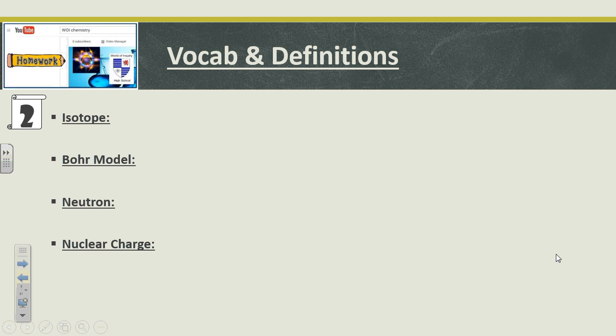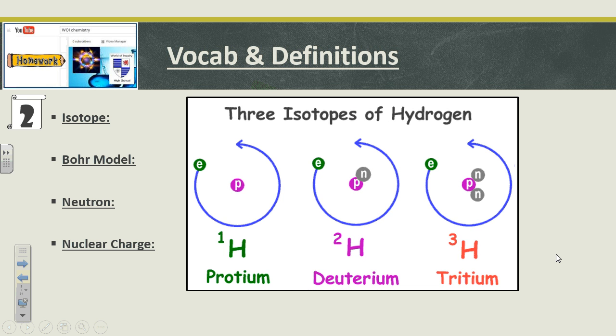Isotope is our other I word we need to learn. As you can see in this picture, hydrogen 1, hydrogen 2, hydrogen 3. If it's hydrogen, they all have 1 proton. In the picture, we see that there are different numbers of neutrons, which gives us different masses.